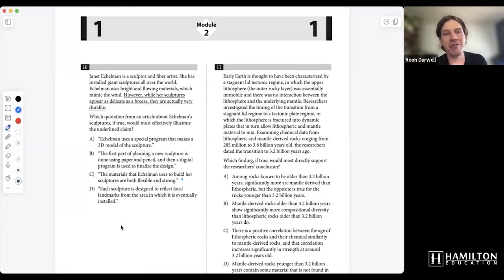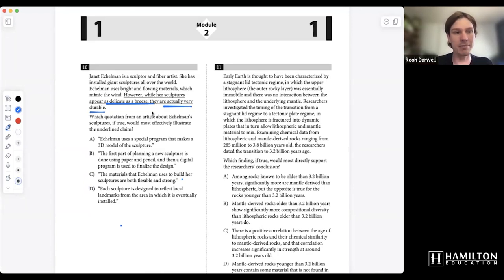All right, question 10 is a very straightforward command of evidence question. We are asked to show something that proves the claim. What is the claim? That Eckelmann sculptures are really durable, even though they look delicate.